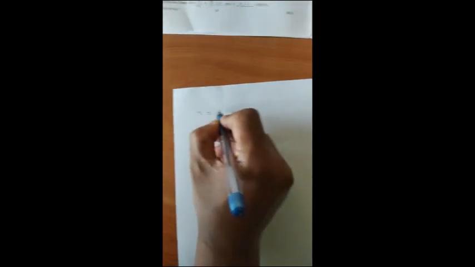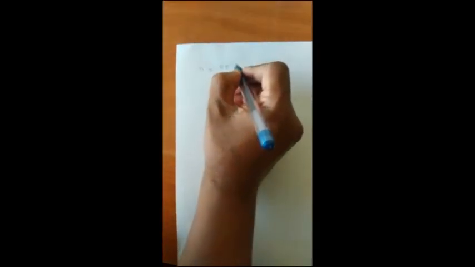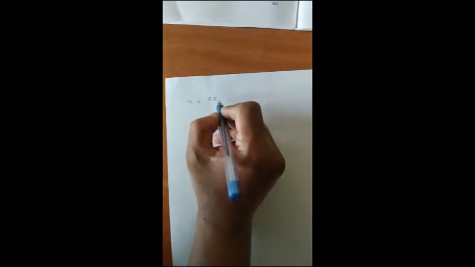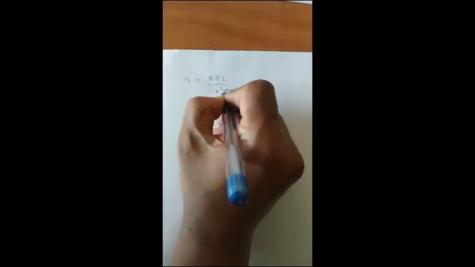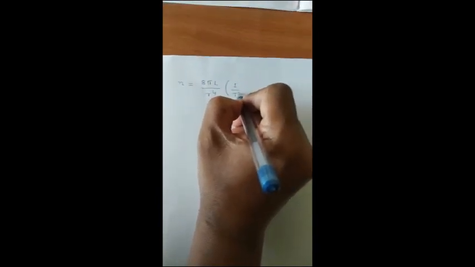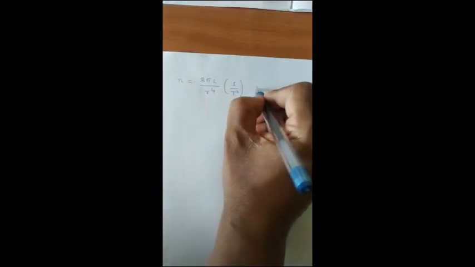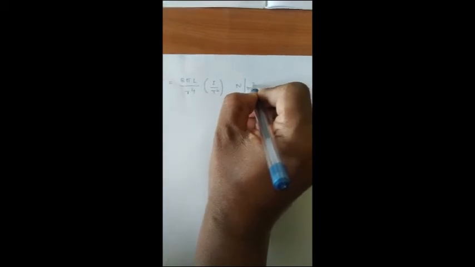I am going to give you the details. The rigidity modulus of the experimental wire is given by n equals 8 pi L by R to the power of 4 into the mean value of I by T square, in Newton per meter square. This is the unit.